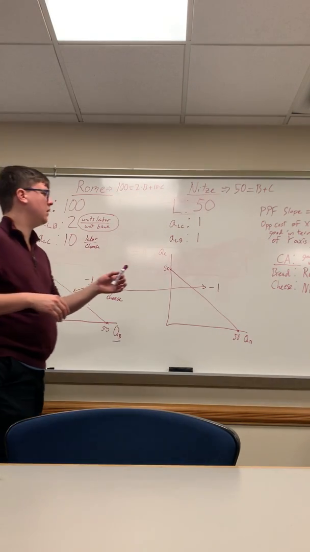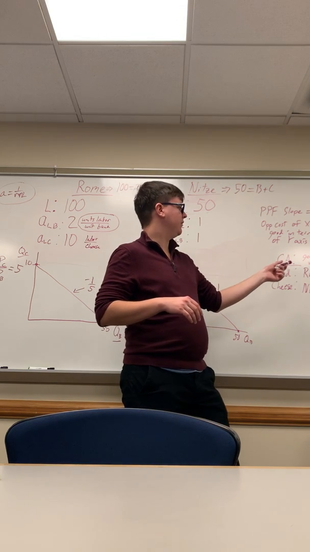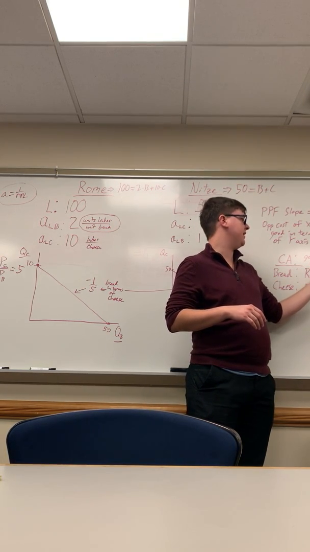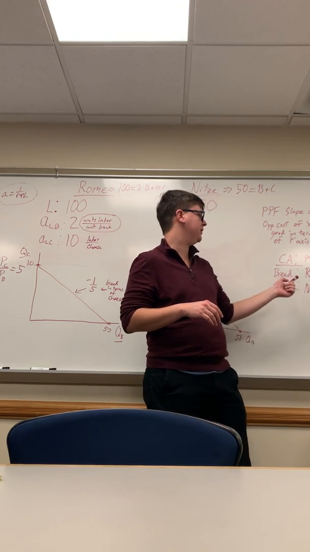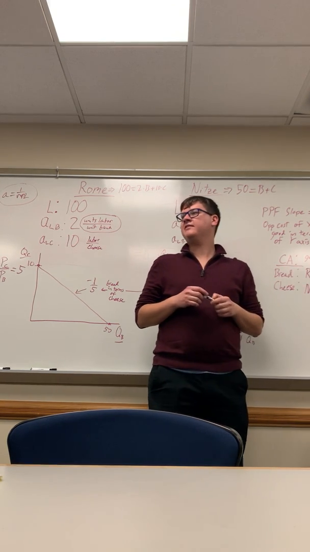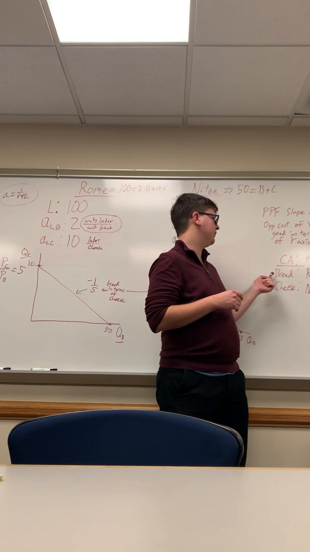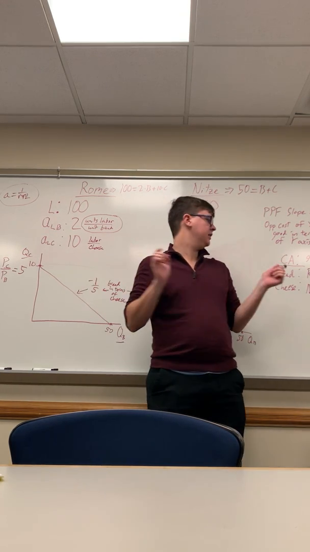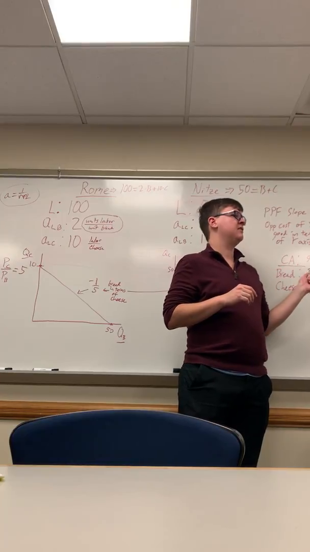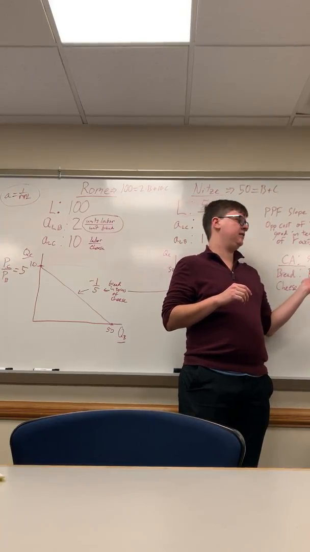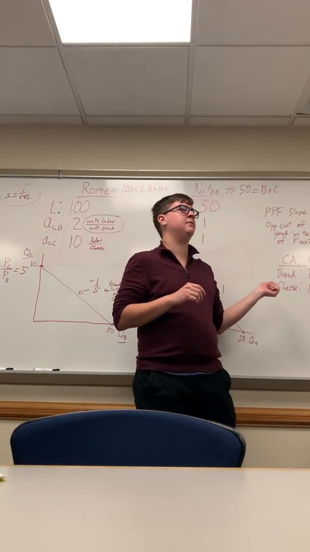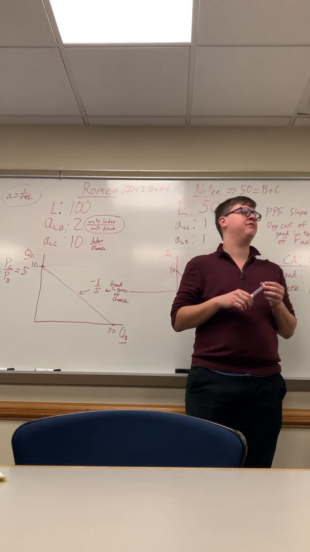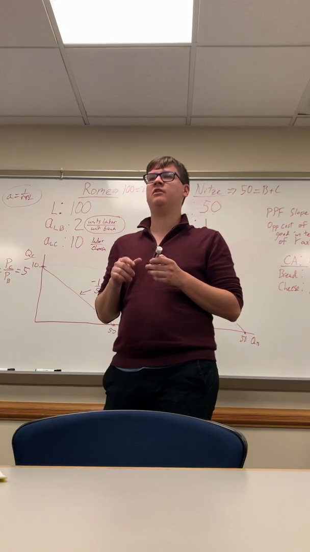To reiterate, whichever country has the lower opportunity cost for that good is the country that has the comparative advantage. Rome had a lower opportunity cost, 1/5 versus 1 for bread. That means they have the comparative advantage for bread. Nizza had the lower opportunity cost for cheese, 1 versus 5. So they have the comparative advantage for cheese.